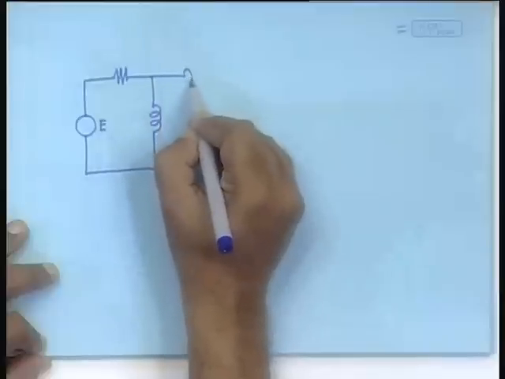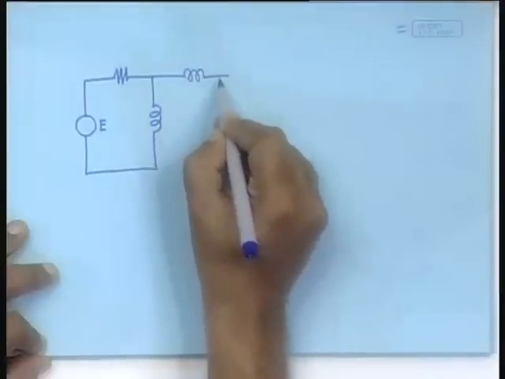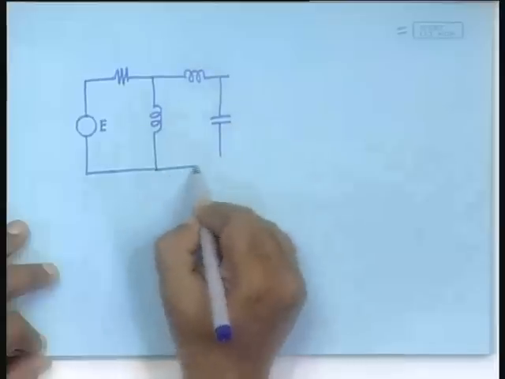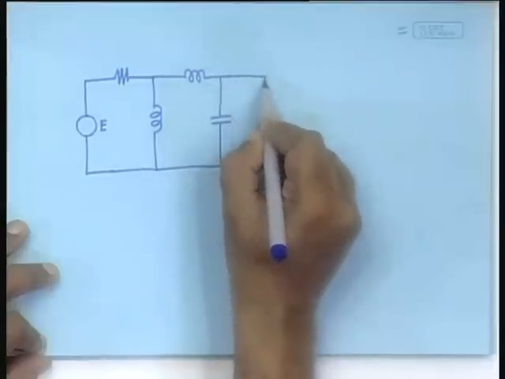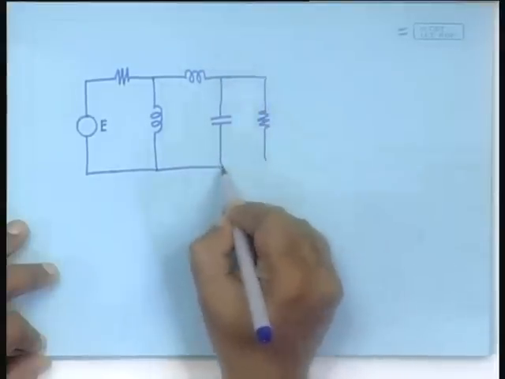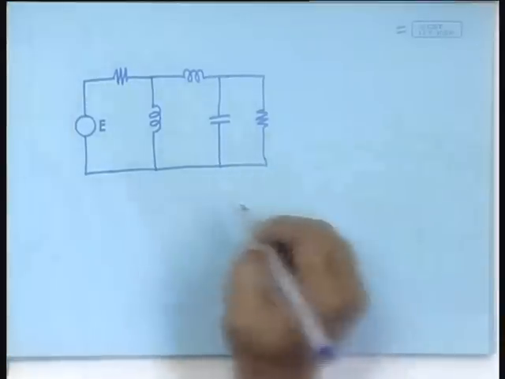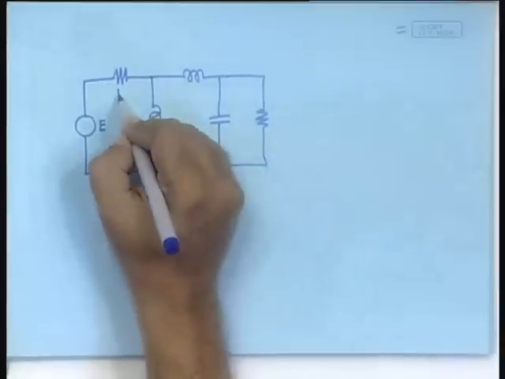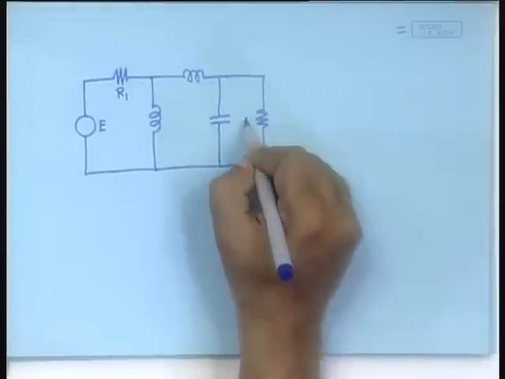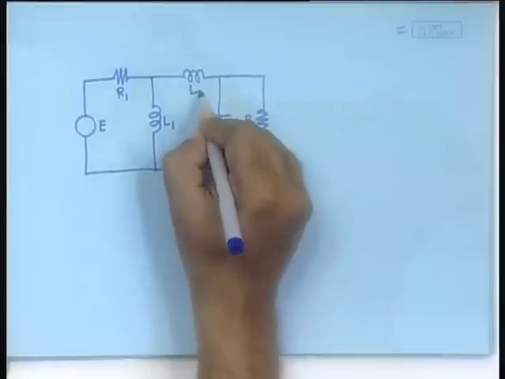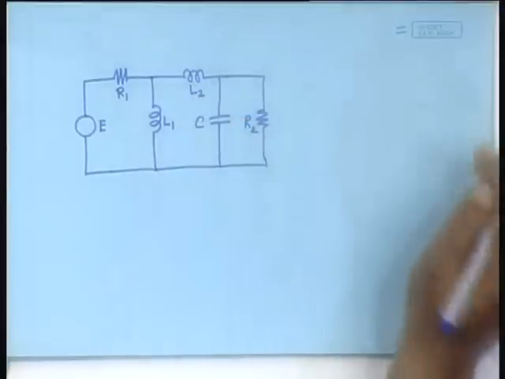Here is another inductance, here is a capacitance, and finally another resistance. Suppose this is my circuit. There will be R1, R2 here, L1, L2 here, and C.